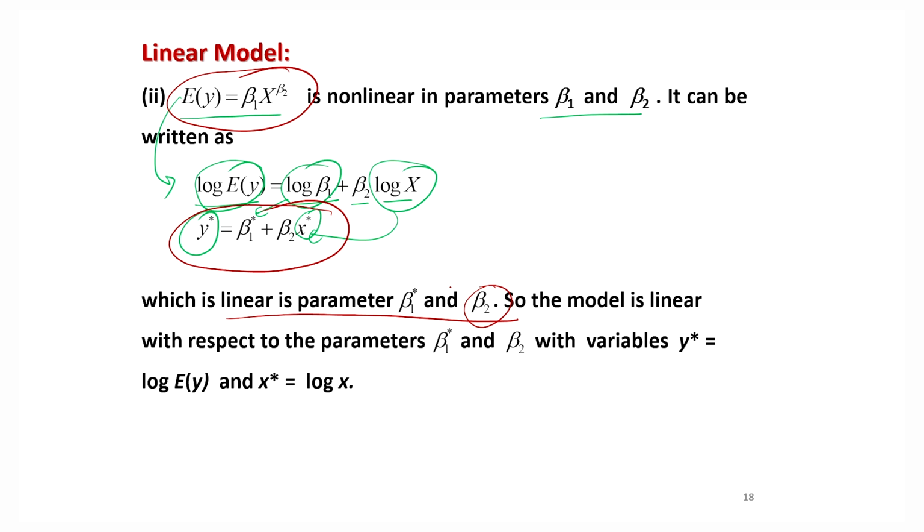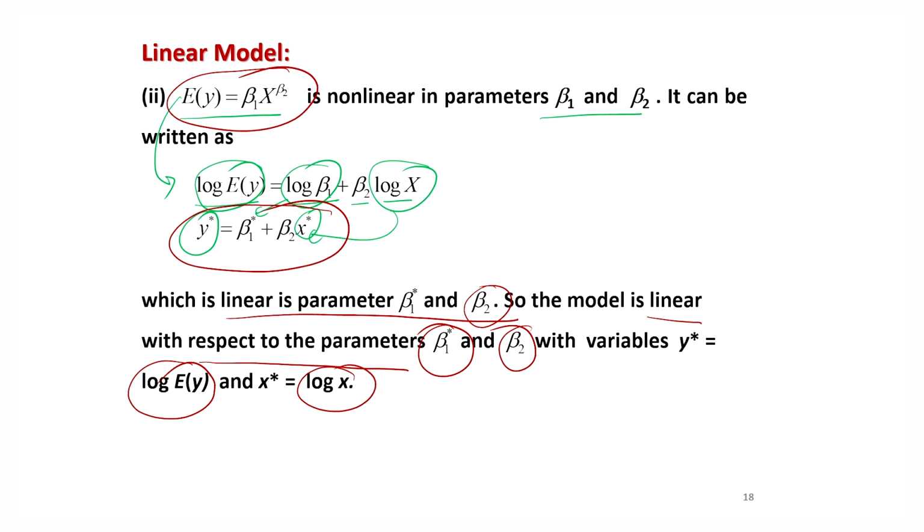But now you are changing your criteria. You are judging the linearity of the model with respect to the parameters beta 1 star and beta 2 with variables log of y and log of x, not with the original x, y, beta 1 and beta 2.